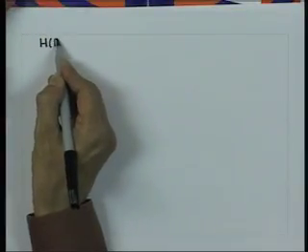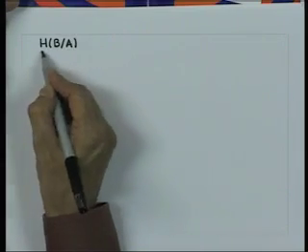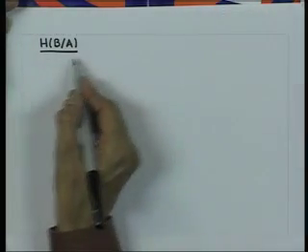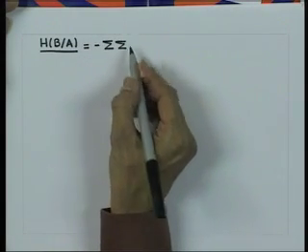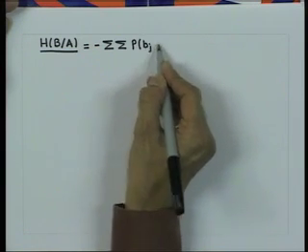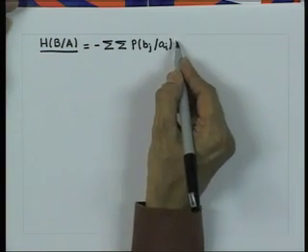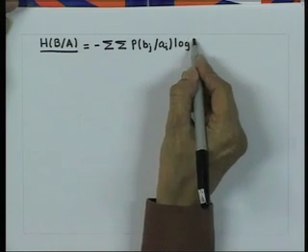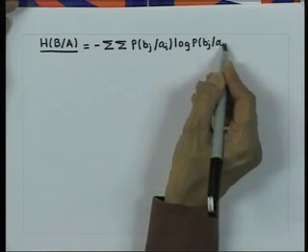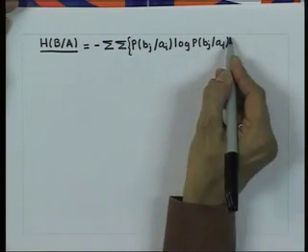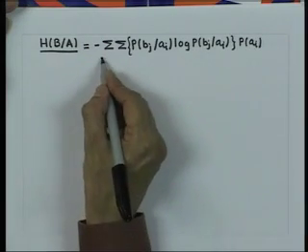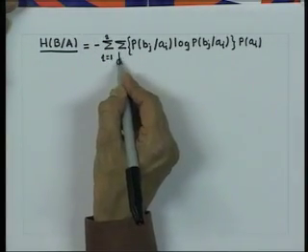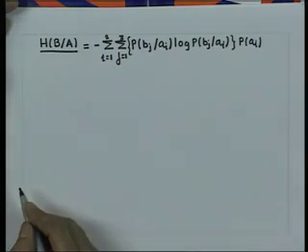Next step is to calculate H of B given A, which is equal to minus the double summation of probability of Bj given Ai log of probability of Bj given Ai multiplied by probability of Ai, i equal to 1 to 2, j equal to 1 to 3.